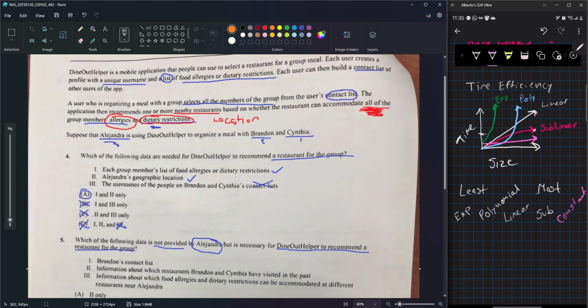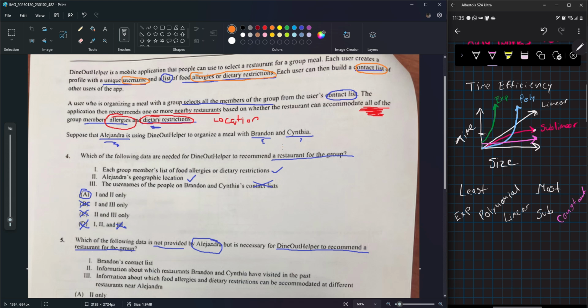Each user creates a profile with a unique username. So she provides a username and her allergies and restrictions. That's what Alejandra provides. She also provides a contact list. So that's information that Alejandra provides.